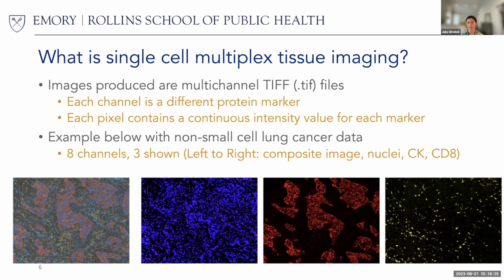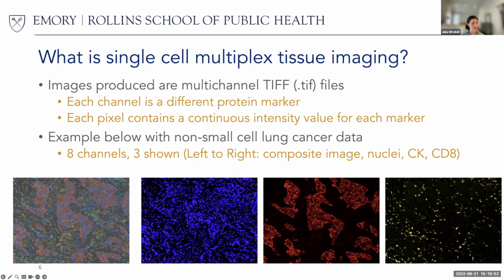So if you have 8 different protein markers, you're going to have an 8-dimensional TIFF file. Each channel is a different marker, and each pixel contains a continuous intensity value for each marker in the image. Below is an example image from a non-small cell lung cancer data set that I've worked with. This data set actually has 8 different marker channels, but I'm only showing 3 of them to the right here.